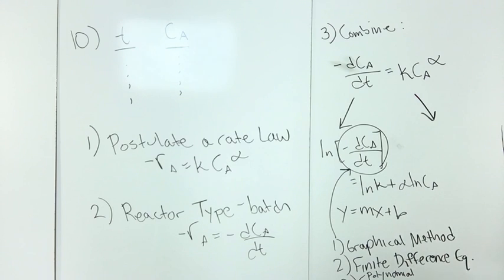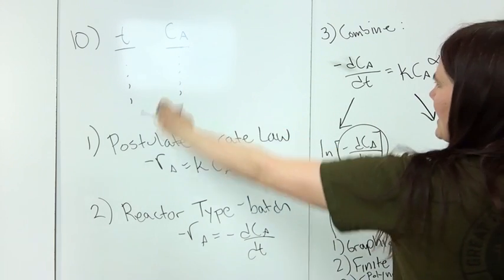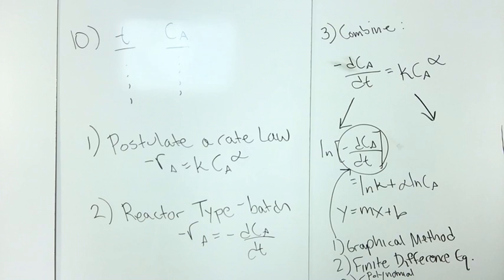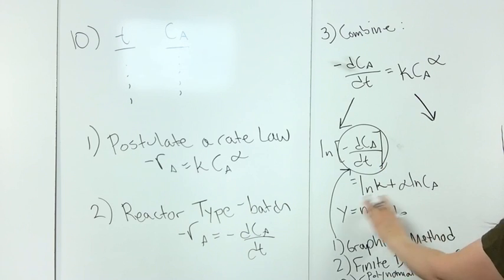Basically the way you do the polynomial is you plot this data, Ca versus t, and then you fit it, and you'll get some polynomial, and then you can take the derivative of the polynomial with respect to t, and so then you can get dCA/dt. So no matter what method you use, you get dCA/dt, and then the problem is the same.